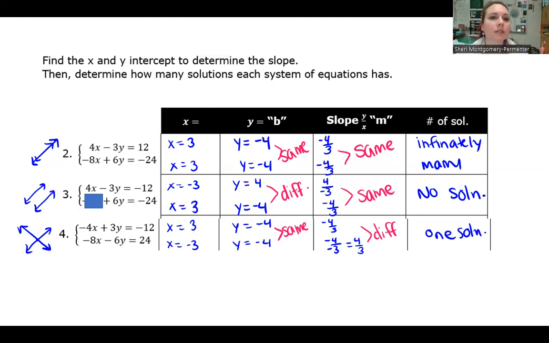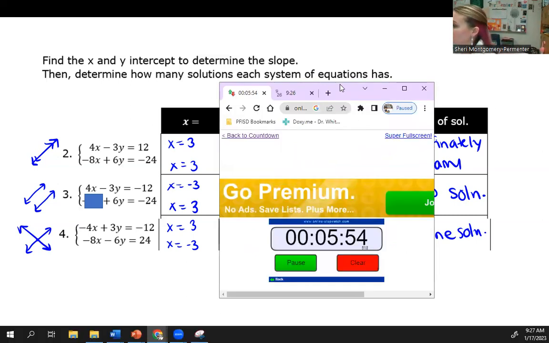I'm going to give you 6 minutes to do these. And as a hint, one of them is going to be infinitely many. One of them is going to be no solution. And one of them will have one solution. One of each?